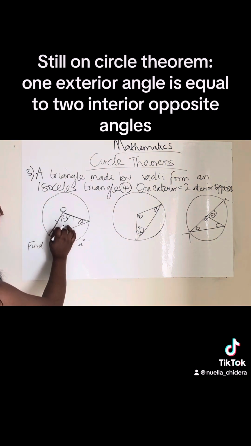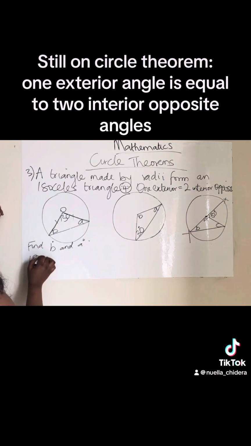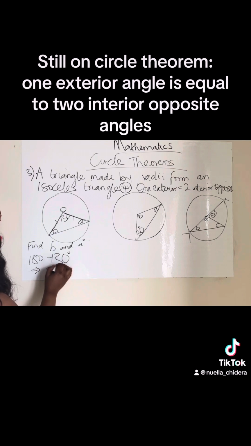So to find A and B, we have 180 minus 130 degrees. 180 minus 130 degrees is going to give us 50 degrees.